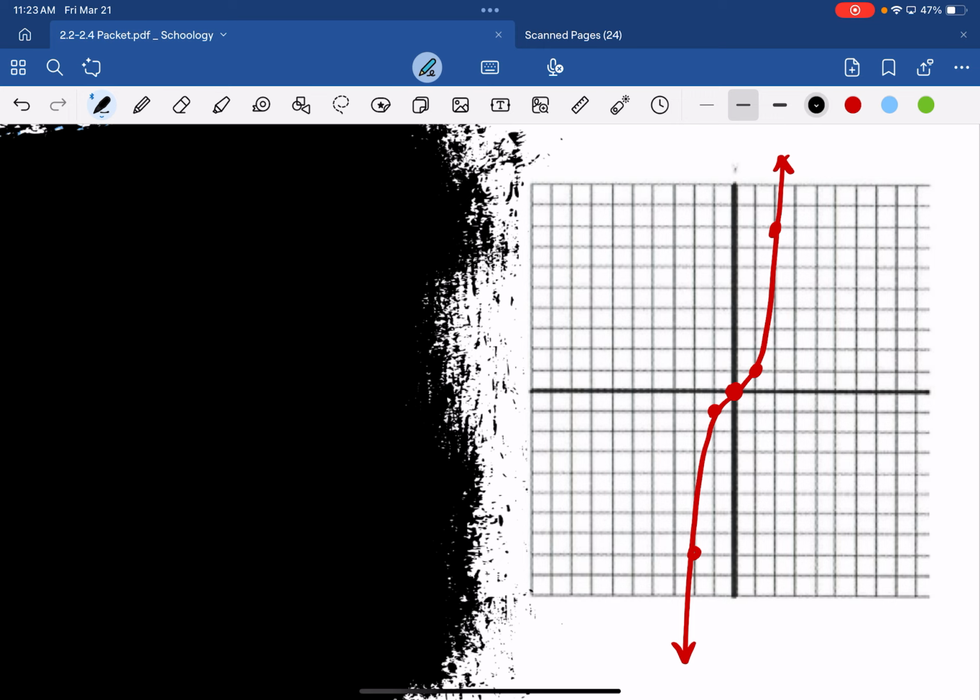Wait, if it's increasing, do we have to specify? If it's increasing over the whole thing, do the negative infinity to infinity.